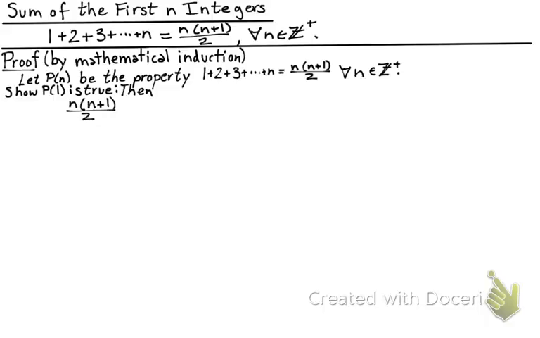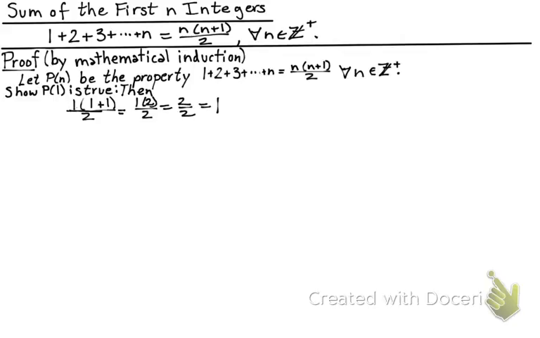Well, n in this case is 1, so that's going to be 1 times 1 plus 1 over 2, which equals 1 times 2 over 2, which is 2 over 2, or simply 1, which is what we need it to equal.